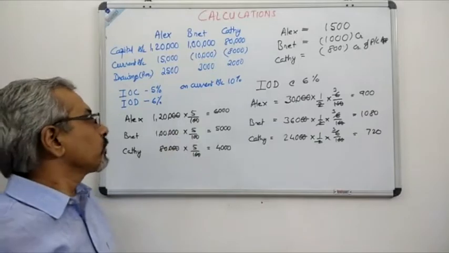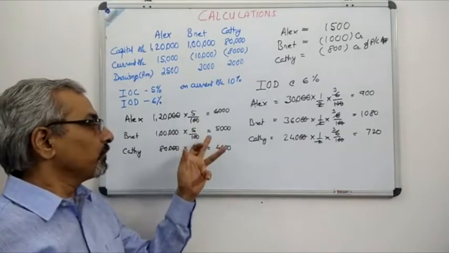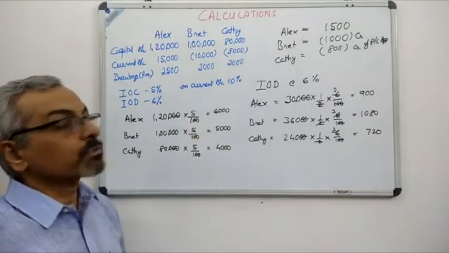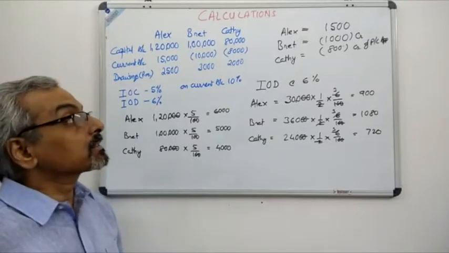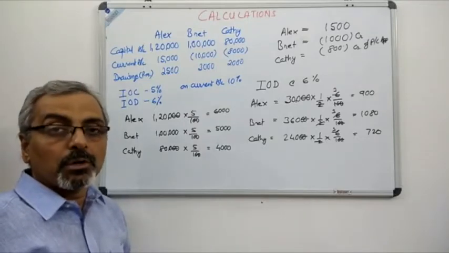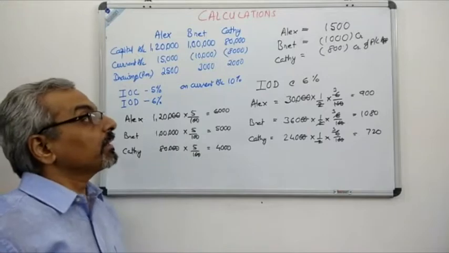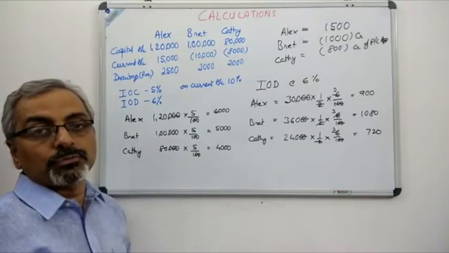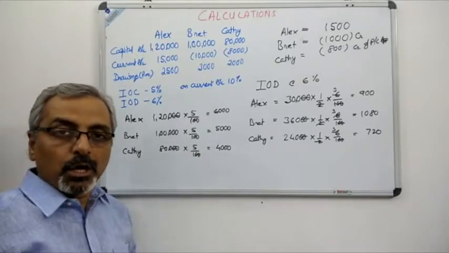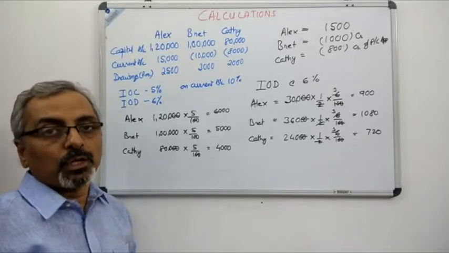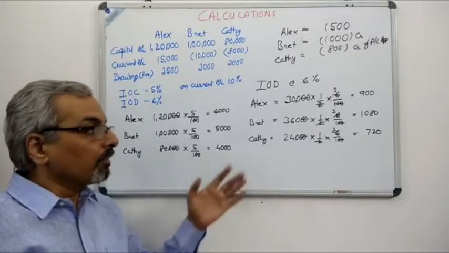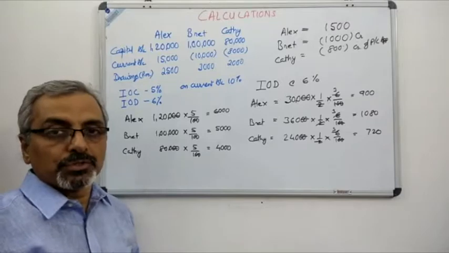We have the interest on capital also calculated 6,000, 5,000, and the interest on current account. Alex, the interest on current account will be received, and Brett and Kathy have to pay the interest to the firm. Let us now prepare the profit and loss appropriation account after finishing the calculations.